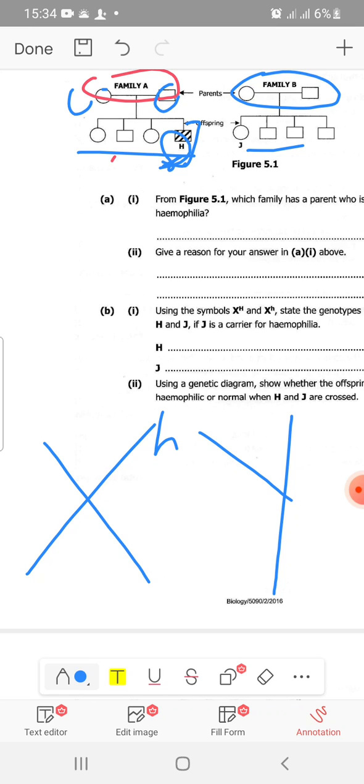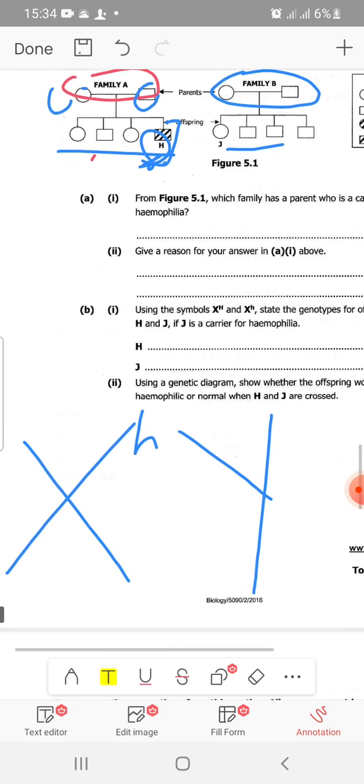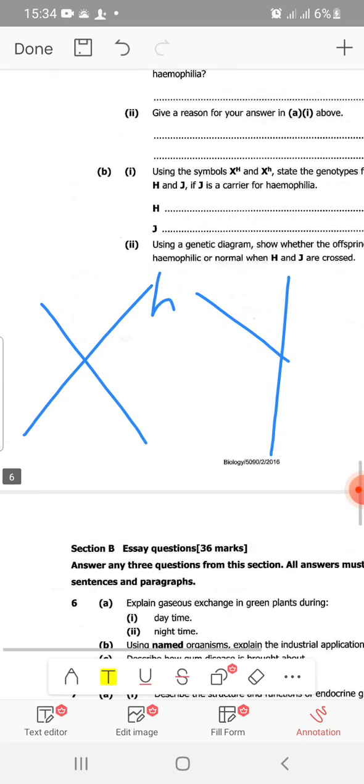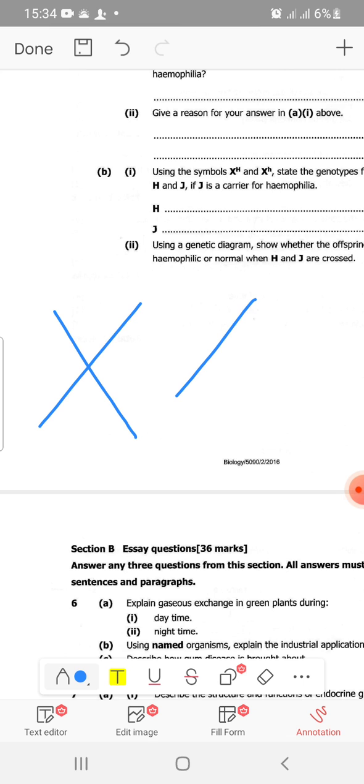Now, what about J if she is a carrier? Remember, on the key we have been told that a circle is female, and if not shaded, it means it's normal. Now we go for J. If J is a carrier, remember that's a circle, so it's female.